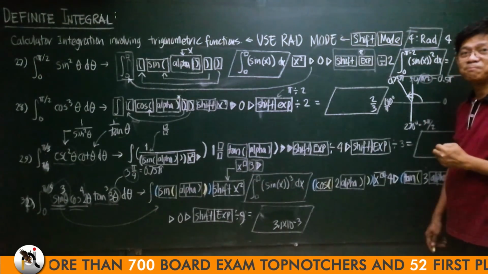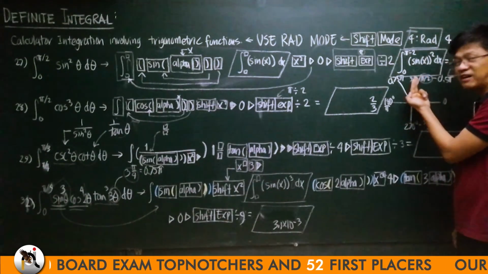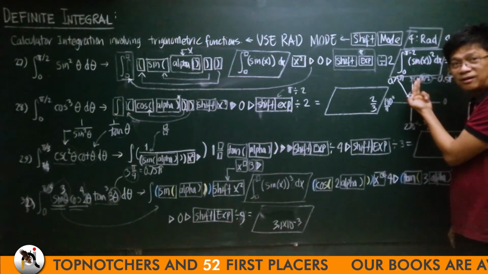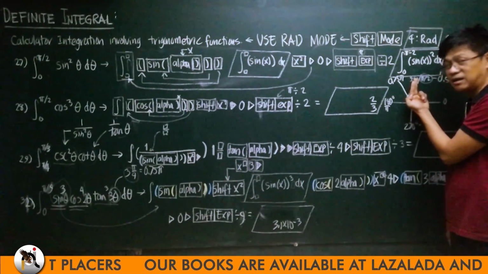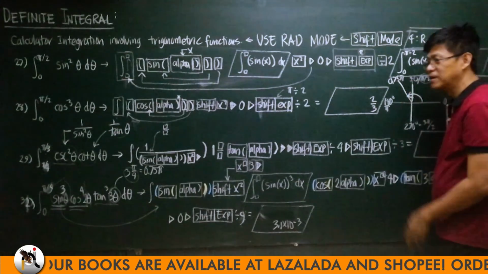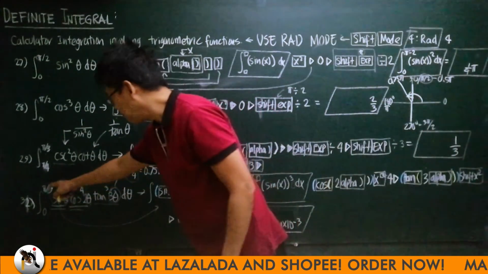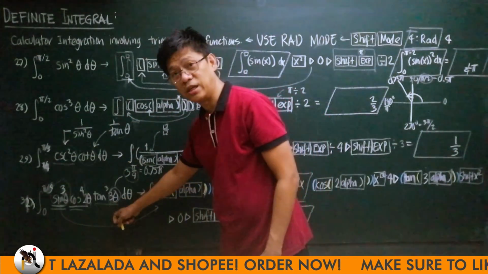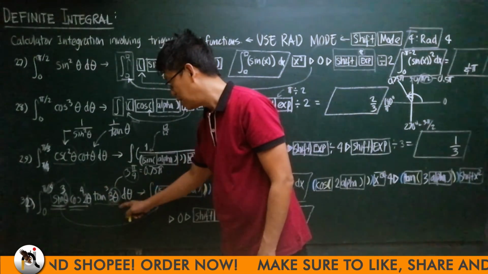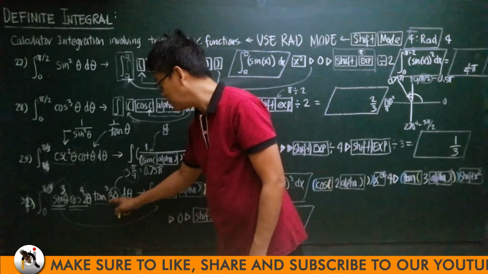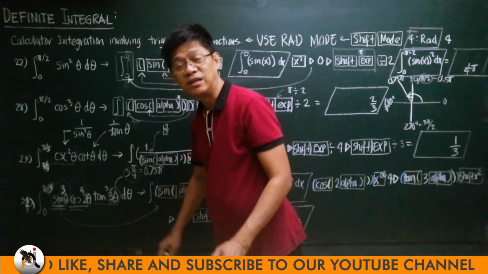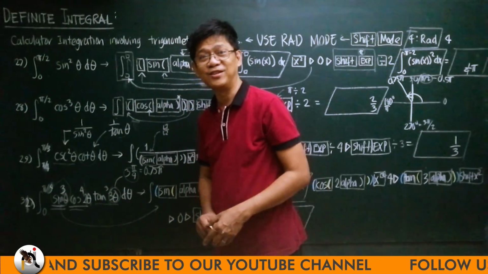And because of the undefined value of tangent 3 theta at this angle, if this is pi over 4, this won't give a value, because the tangent of 90 between 0 and 3 times pi over 4 is undefined. You get it?